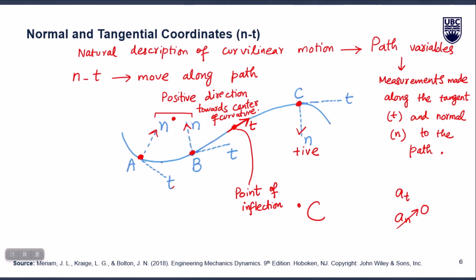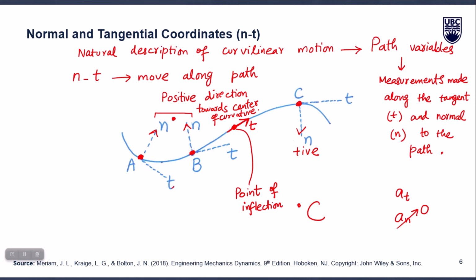It is exactly like in the xy coordinate system, where you can have certain points along the path in which x is 0 while there is some value of y, or y is 0 while there is some value of x, right? Same is the case here. So along the path at the point of inflection the n component a sub n will be 0.